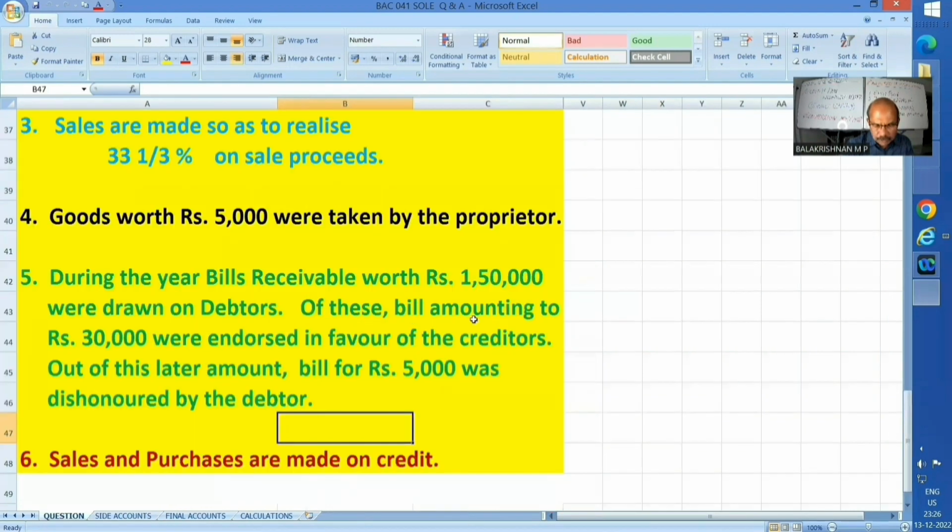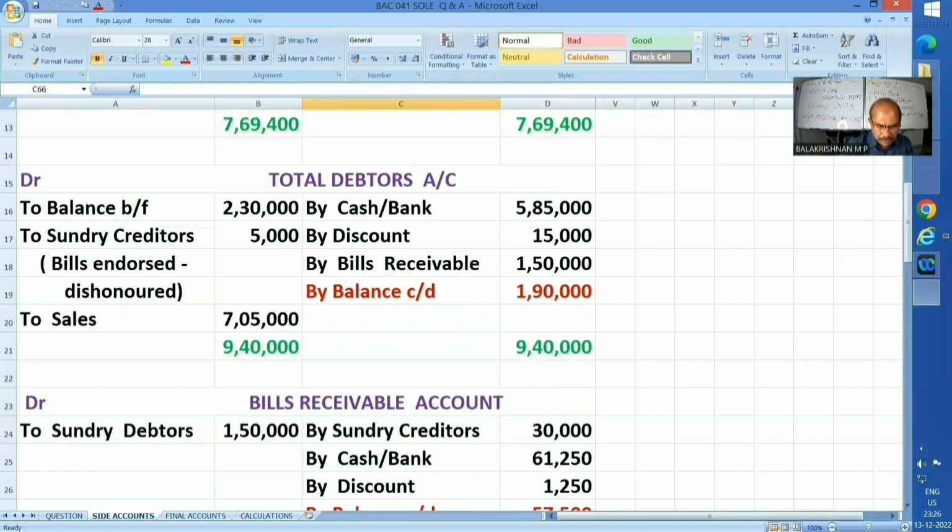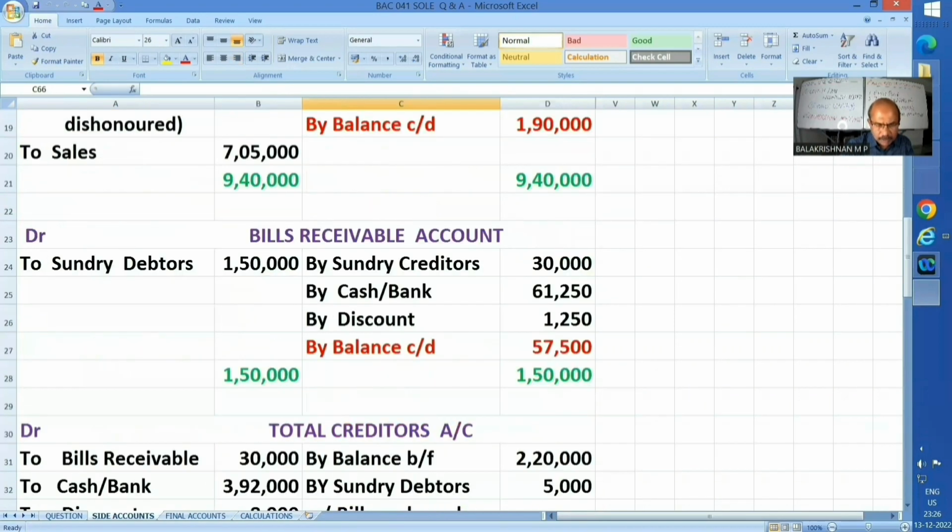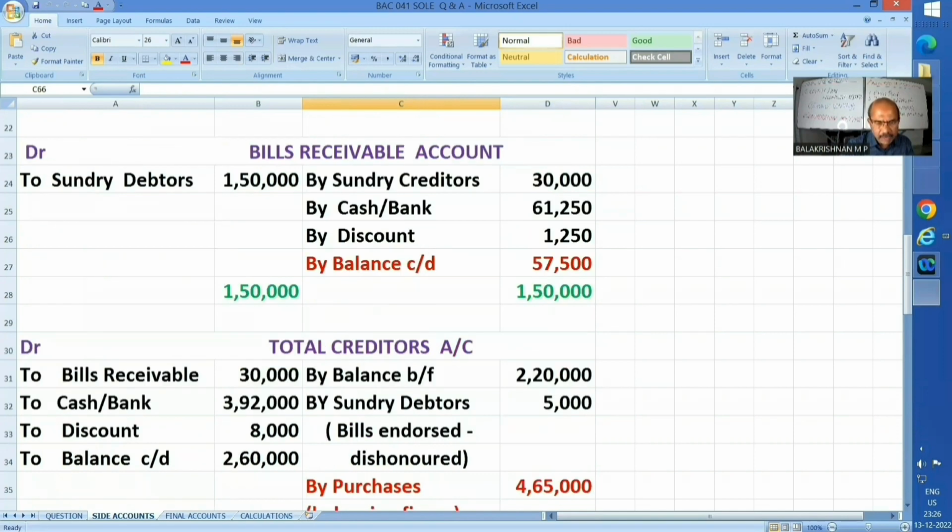And of this bill, amounting to rupees 30,000, were endorsed in favor of creditors. So, when a bill is endorsed in favor of creditors, what will be the journal entry? It will be debit the receiver and credit what goes out. So total creditors account debit to bill receivable.